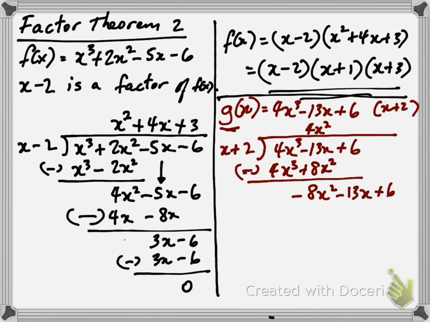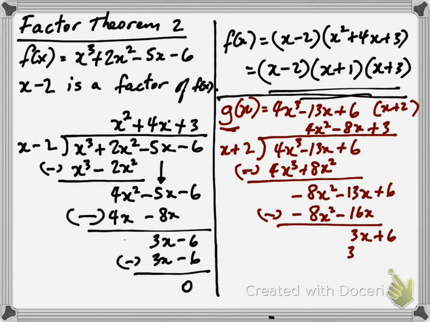Okay, so there's an x squared term now, so minus 8x squared, so minus 8x, all right, minus 8x squared minus 16x, and when you minus, the first will cancel, the second will be negative 13 plus 16, which is positive 3x plus 6. 3x plus 6. If you minus them, you end up with 0.